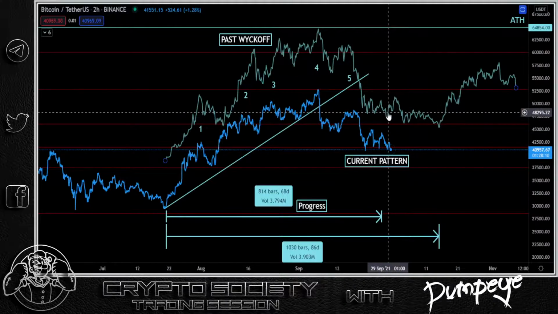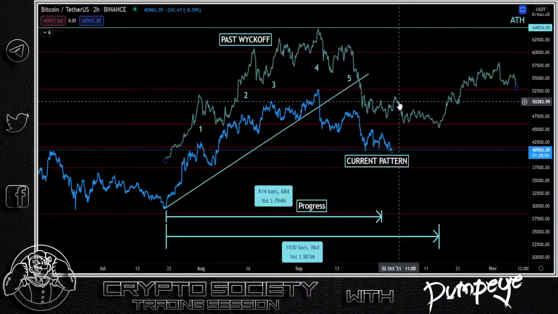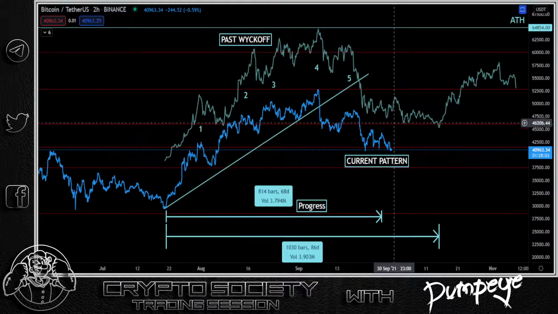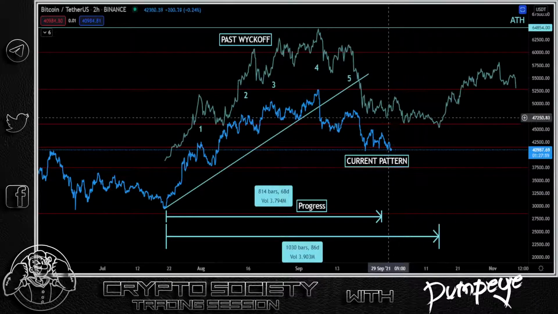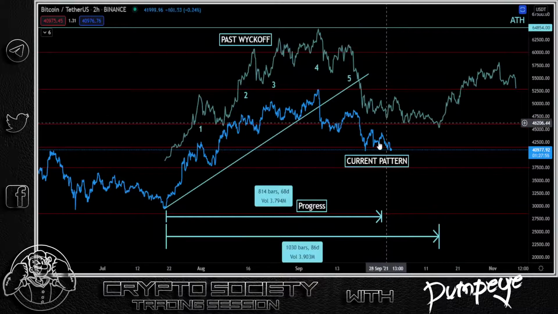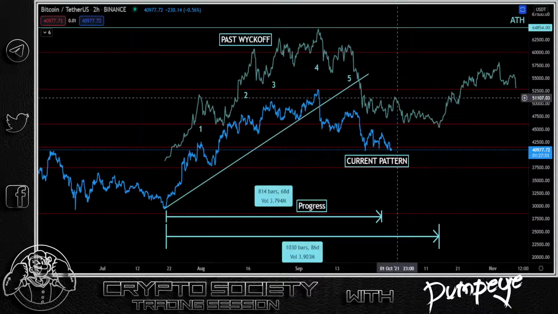And it does appear that we are pretty closely following the original pattern. And so from here I'm kind of expecting that if we do go down a little bit more, which is possible given the original chart, we have a lower point here than the previous low, then after that we'll see a rise up.